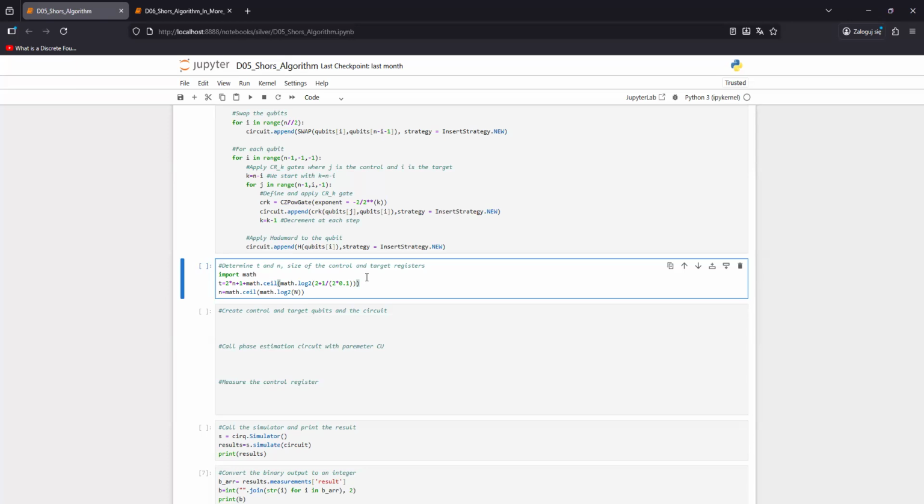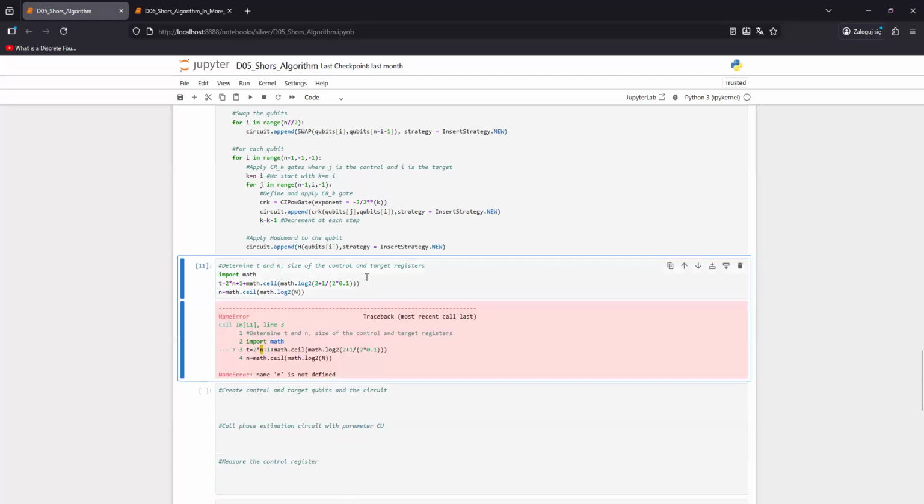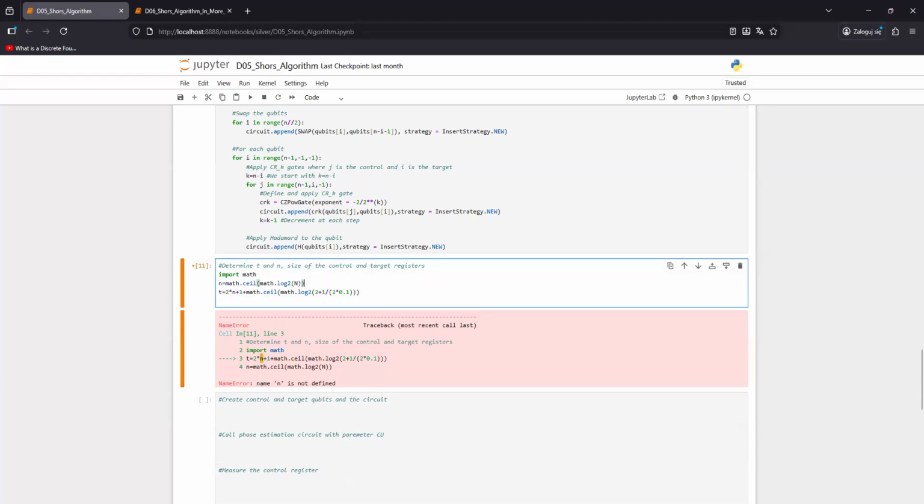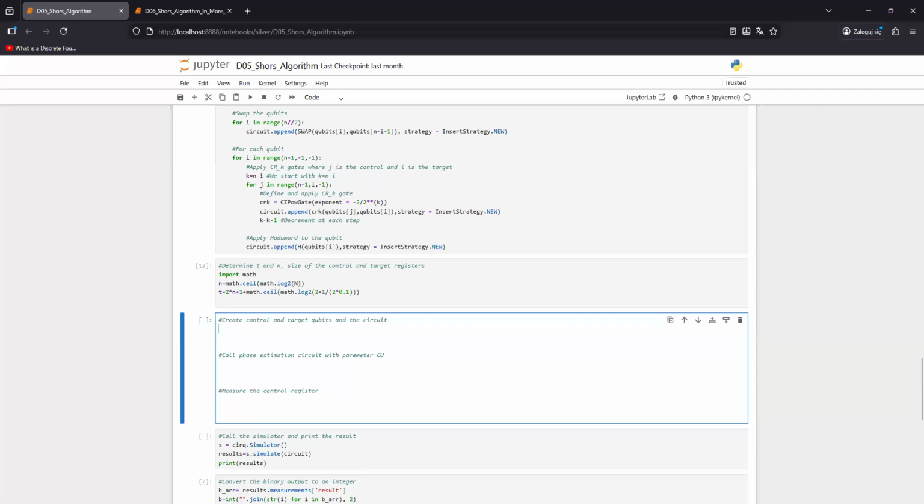So as you should have read in our notebooks, there is a pretty nice formula for choosing the right number of qubits needed for accuracy. Yes, it's not defined yet, and now it should work.